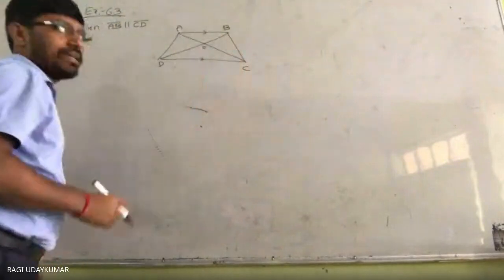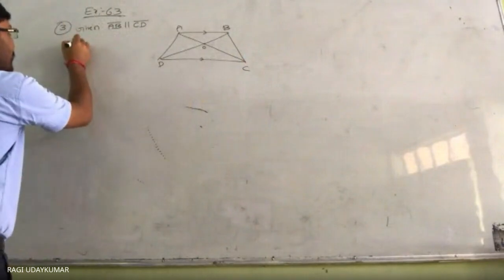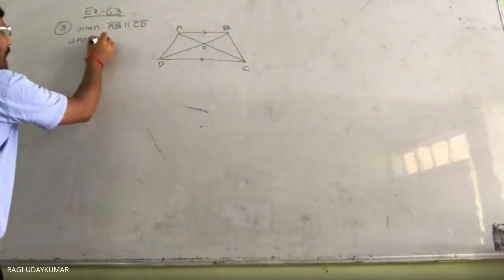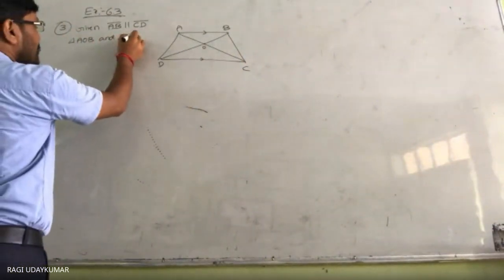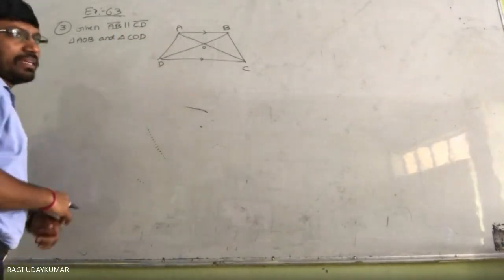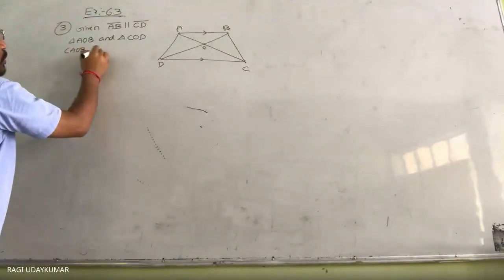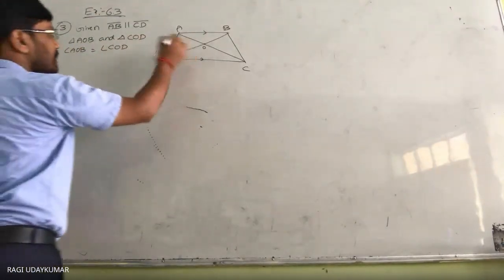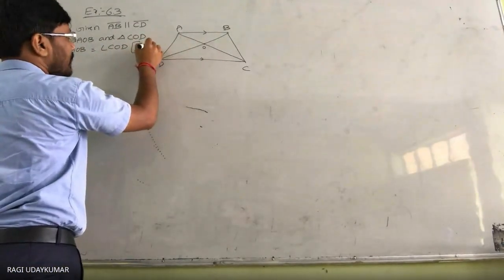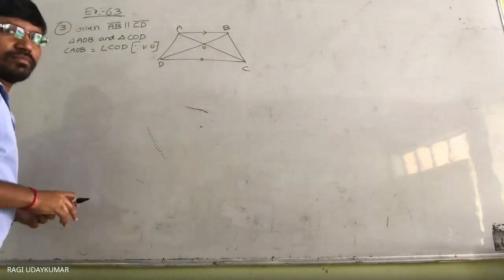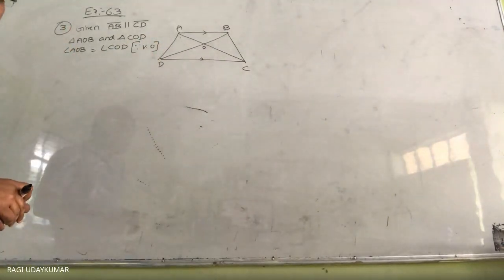So what are the two triangles you are considering? Triangle AOB and triangle COD. In triangle AOB, angle AOB is equal to angle COD because they are vertically opposite angles.